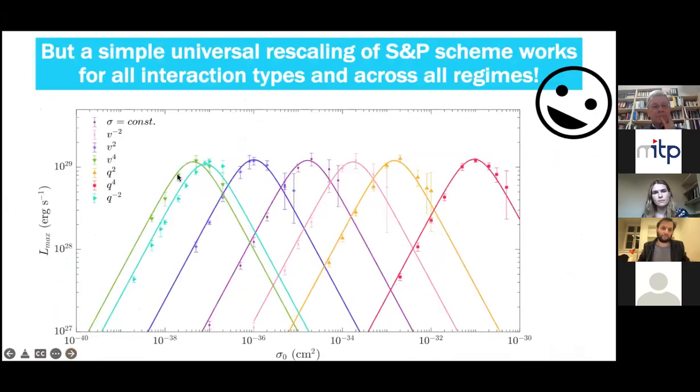Each point here is a dedicated simulation of about 10^8 collisions, and for each type of interaction, we've done it about 10 times. We've got different interactions as well, so that's like 60 times 10^8 direct collisions. But each individual dot is not too bad.